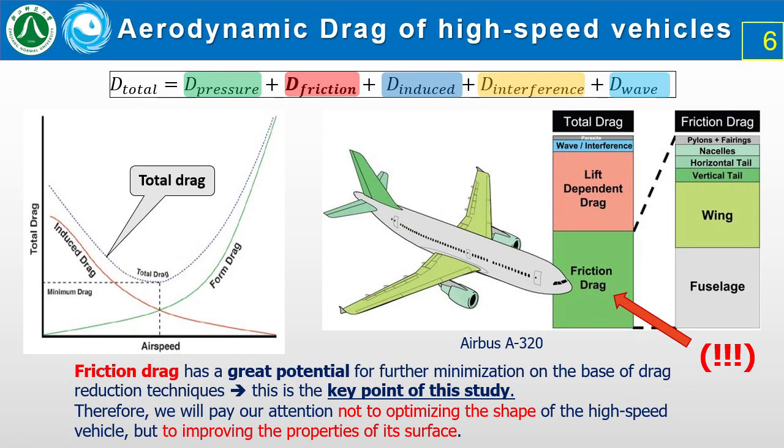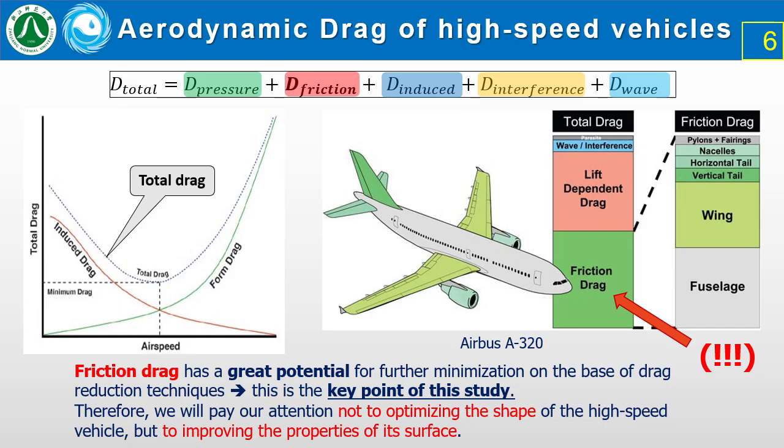In the cruise flight mode of a modern transport aircraft, the amount of friction drag is up to 47% of the total drag. So, the friction drag has a great potential for further minimization on the base of drag reduction techniques, and this is the key point of this study.